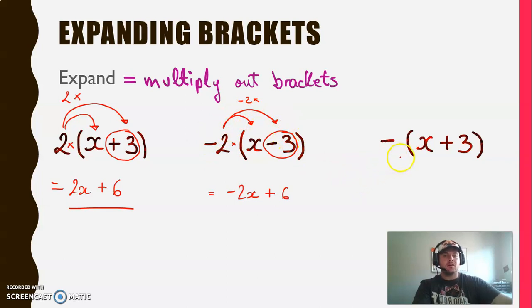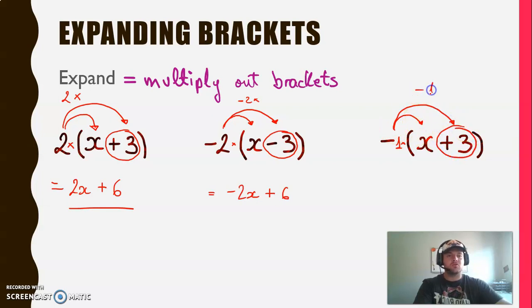Right, finally we have this example where we just have a minus outside the bracket. You should consider this as a minus 1. Think of it as minus 1 times the bracket. So it's minus 1 times x, and then minus 1 times positive 3. So it's minus 1 there times, just so you don't forget.